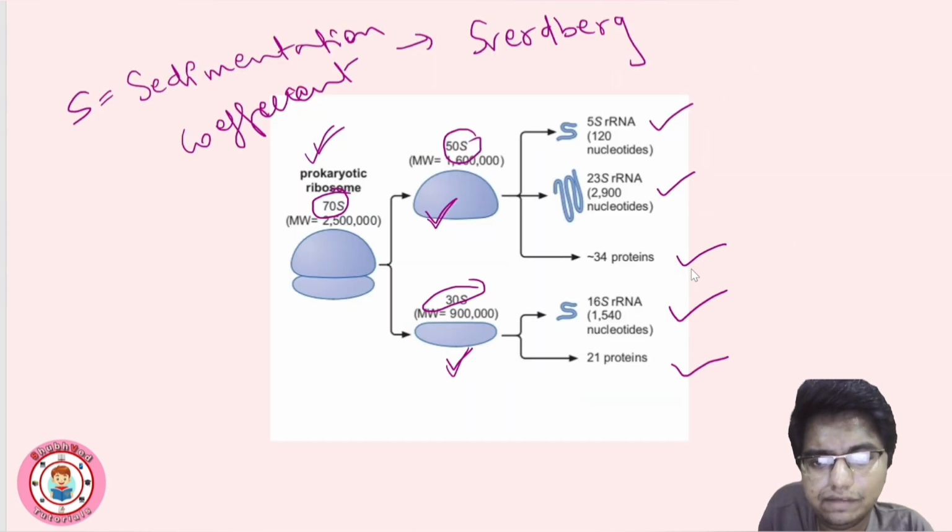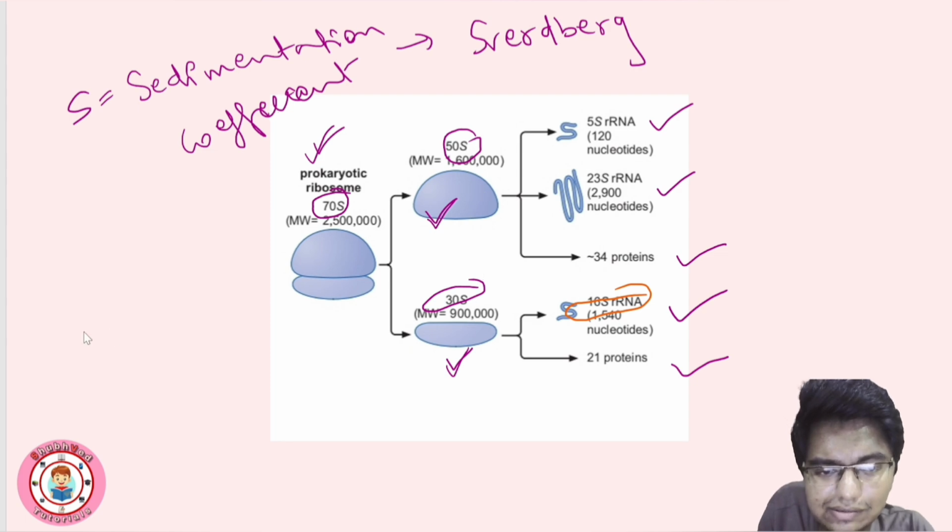Okay, one more thing we have to remember for ribosomes. Let's go to this prokaryotic picture. Okay, prokaryotic picture. Small subunit. First the small subunit will come, right? And the 16S rRNA is very important.